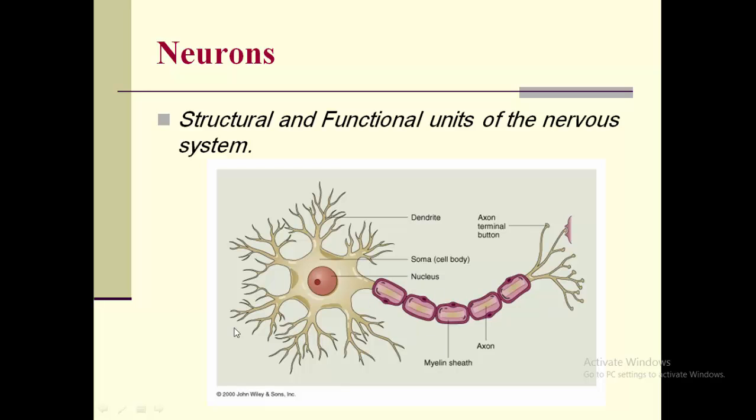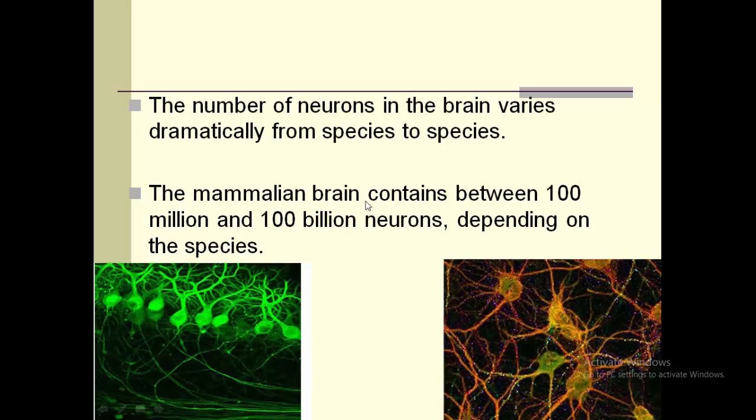This is the neuron. Now, the number of neurons in a single brain varies dramatically from one species to another.